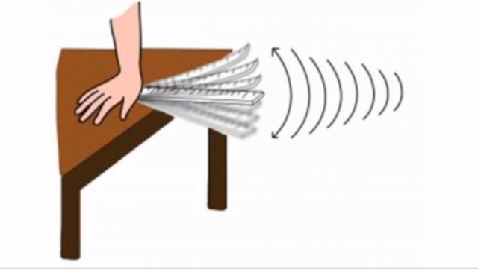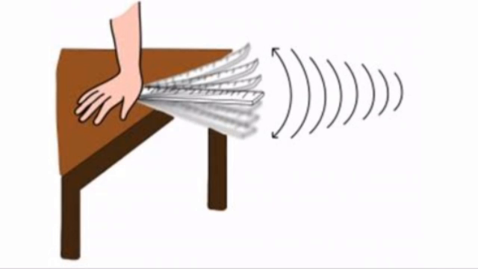If the ruler is placed straight or erect on the table, then the sound is not produced. If most of the ruler is on the table and only a little part is out of the table, then vibrations are not produced in the ruler and thus the sound is not produced.